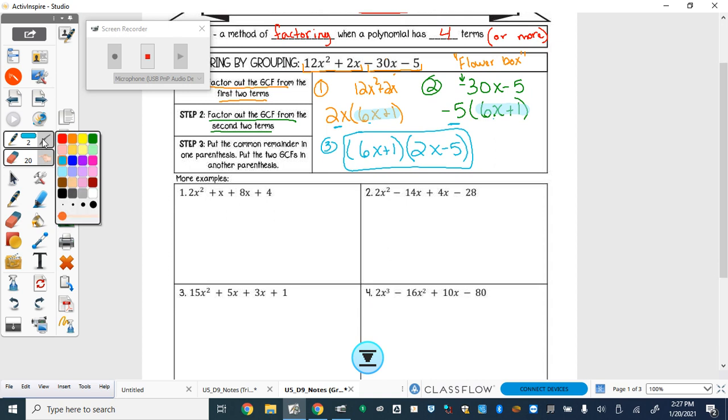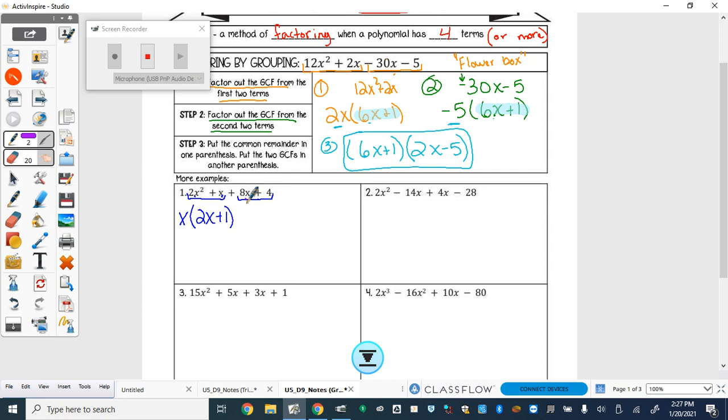So let's take a look at the first example here. Again, group the first 2, group the last 2, making kind of look like flower boxes here. My GCF between 2x squared and x would be an x. Divide by x, and I'm left with 2x plus 1.